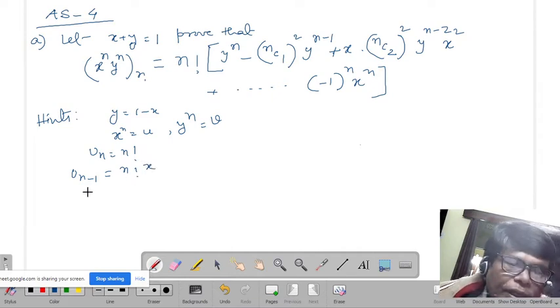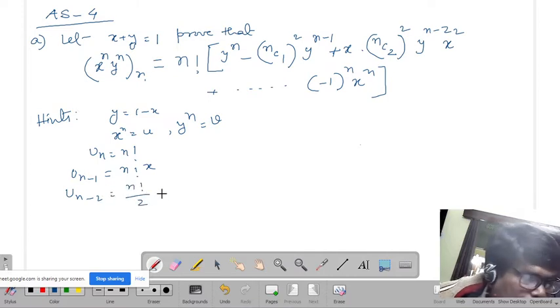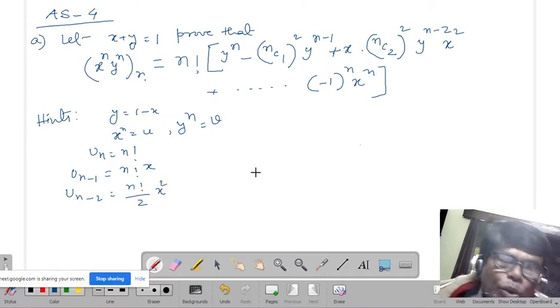Then un minus 2 will be equal to factorial n by 2 into x square, and so on. And you use this one. So this is nothing but u into v and its nth derivative. So you carry on. This is a.